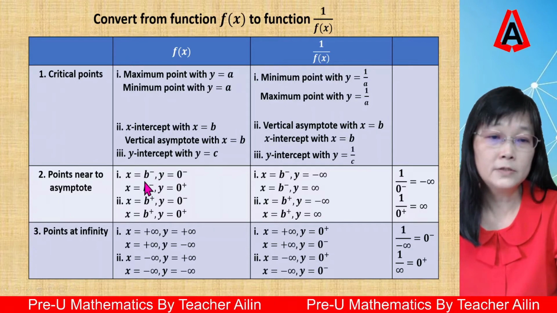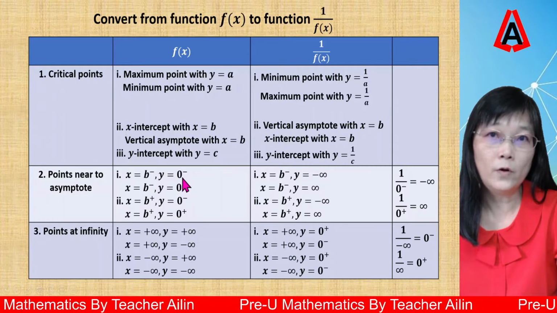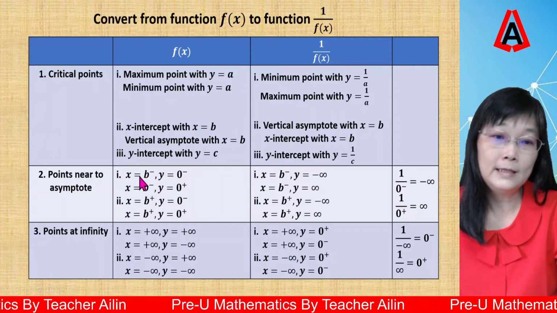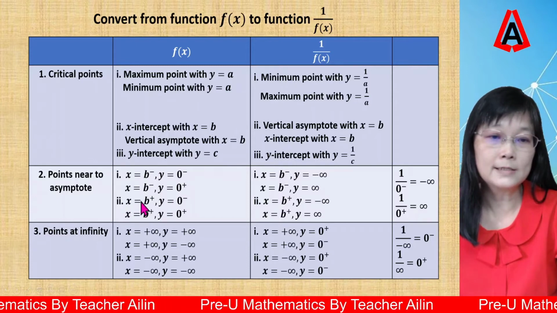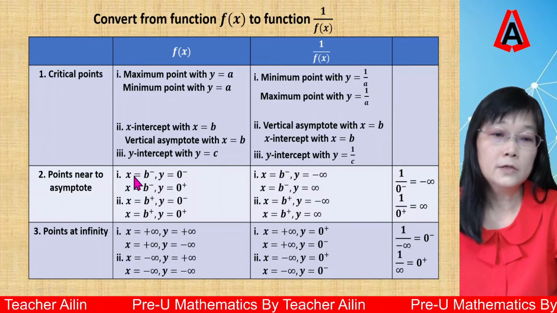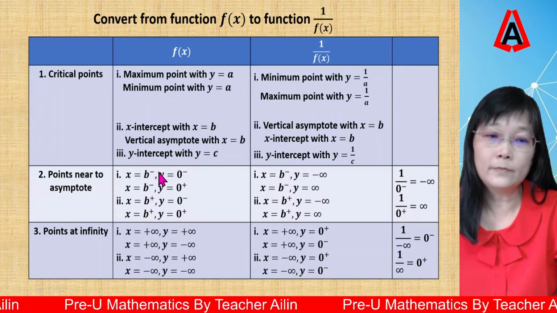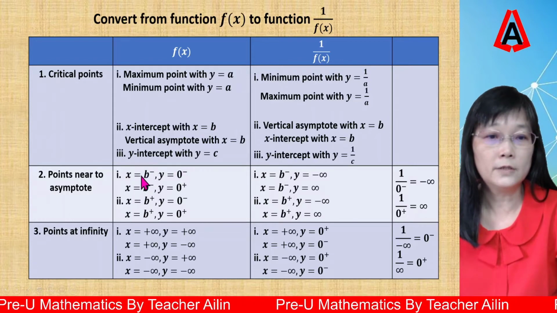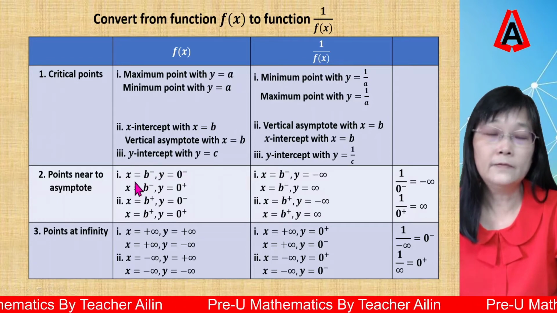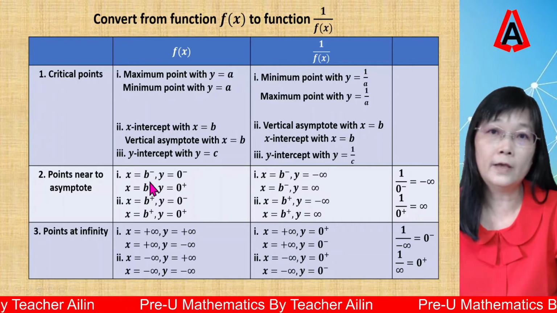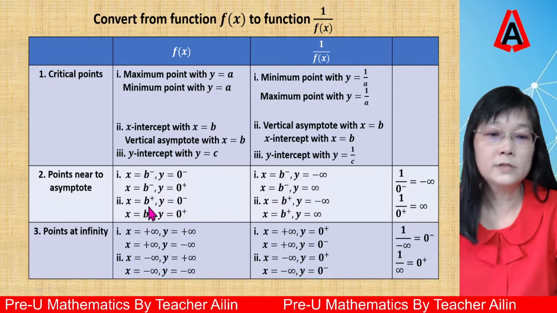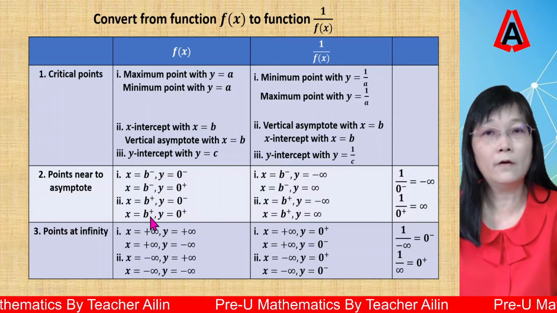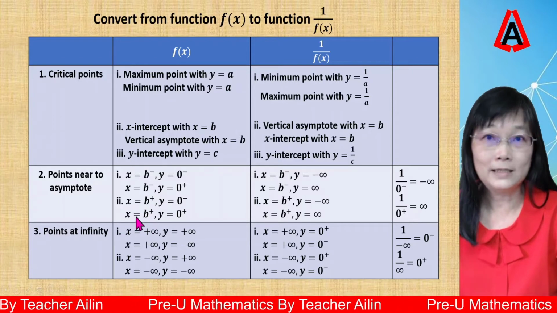We must check the value of y when x is slightly less than b, and also when x is slightly greater than b. When x is slightly less than b, we use the notation b negative, and b positive to represent the value of x which is slightly greater than b.